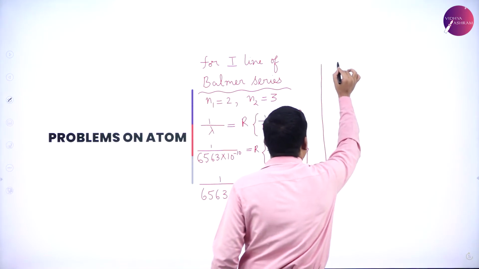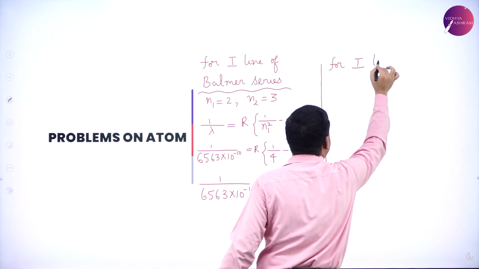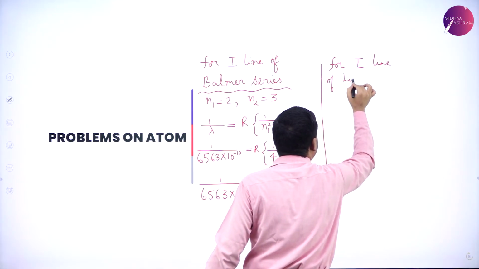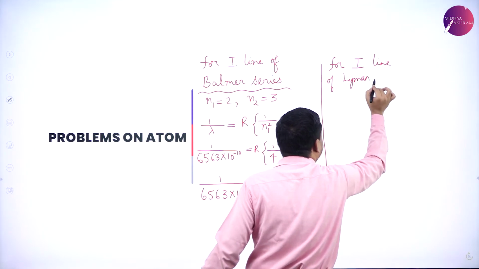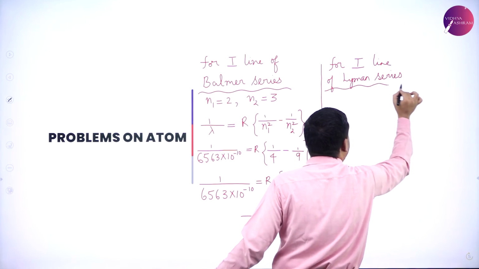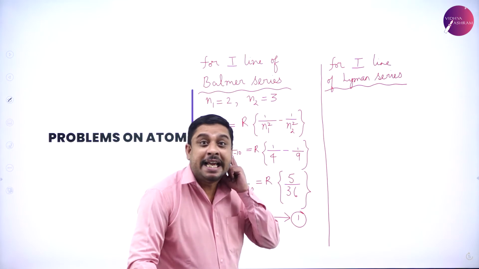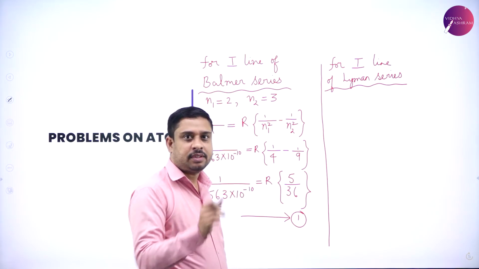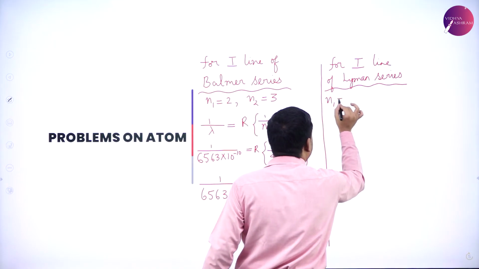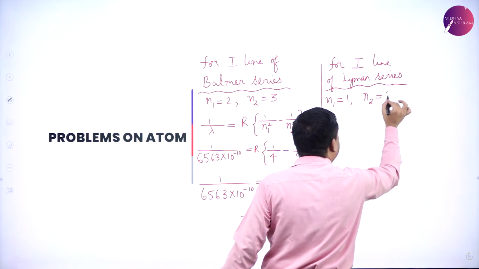So, for the first line of Lyman series, given Balmer, I am calculating the wavelength of the first line of Lyman series. So for the first line of Lyman series, N1 is 1, N2 is 2.